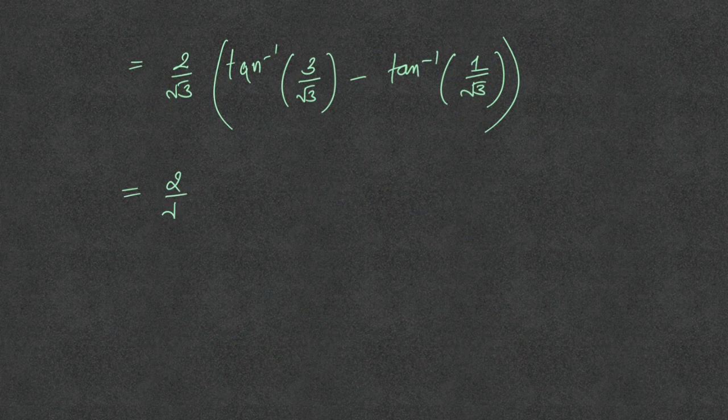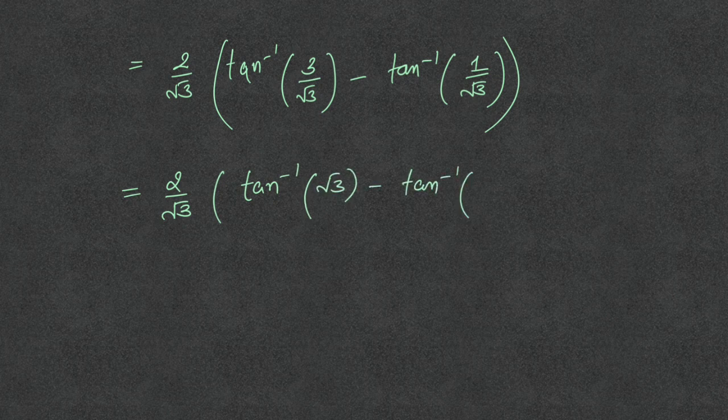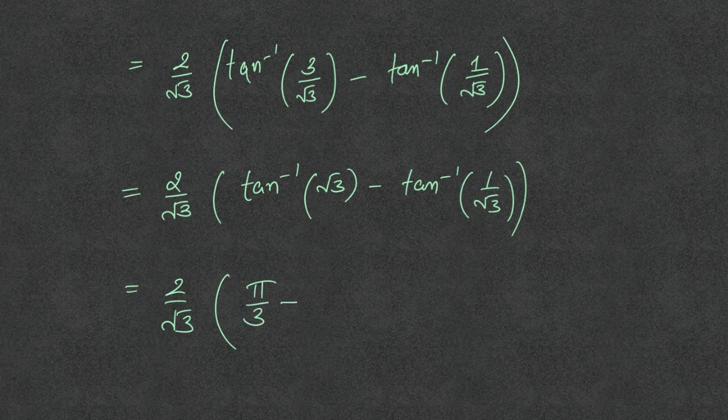Simplifying, 2 by root 3 remains as it is, and this becomes tan inverse of root 3 minus tan inverse of 1 by root 3. Tan inverse of root 3 becomes pi by 3, that's the standard value, and tan inverse of 1 by root 3 is pi by 6. On simplifying, this becomes pi upon 3 root 3.